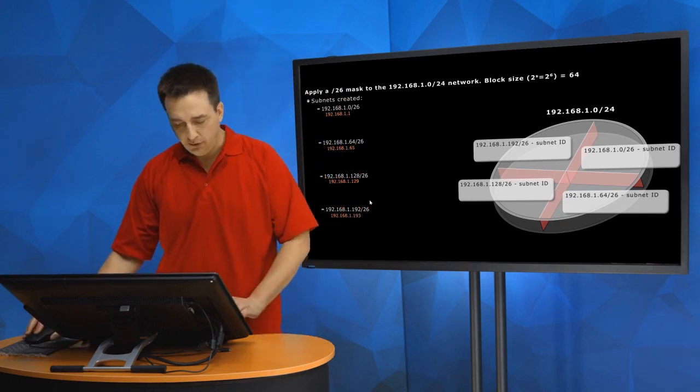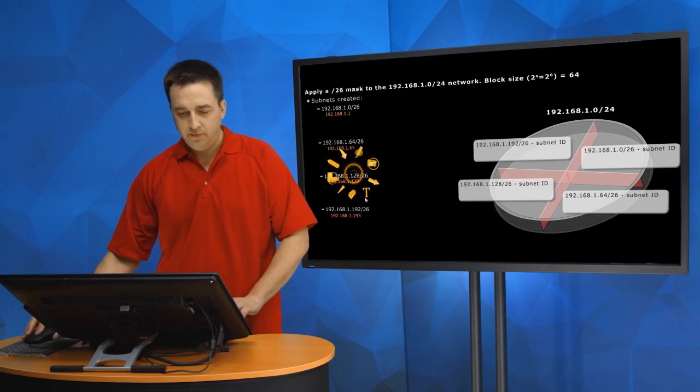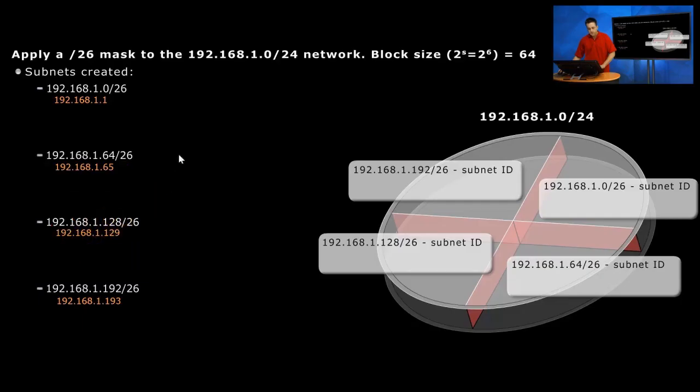So I want you to focus right now on this address here. If you focus on this particular address, what is 1 less than this address? Yeah, 64 minus 1 is 63.